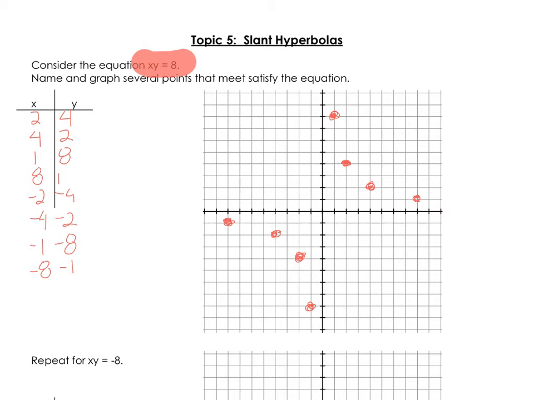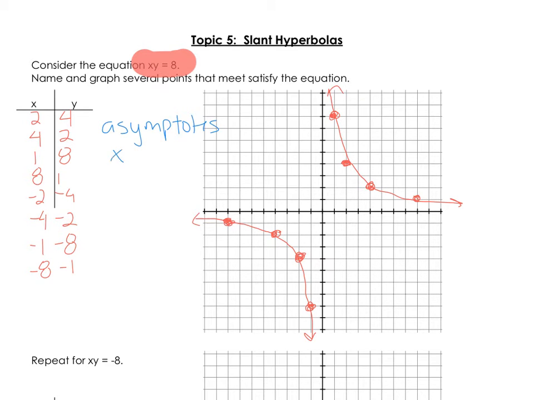Okay. And so what we end up with is we could come up with an infinite number of points. You could come up with all sorts of points, and when you graph them, you end up getting a hyperbola that's shaped something like these. It has two asymptotes, and the asymptotes are basically the axes.